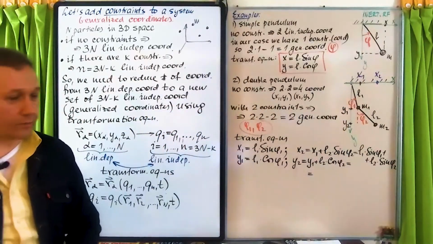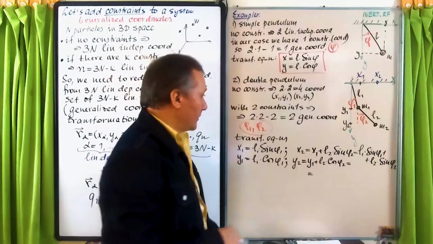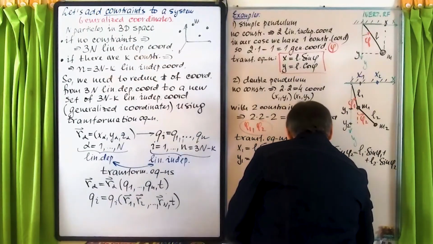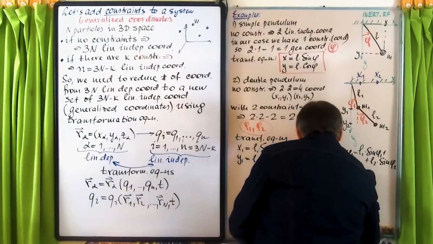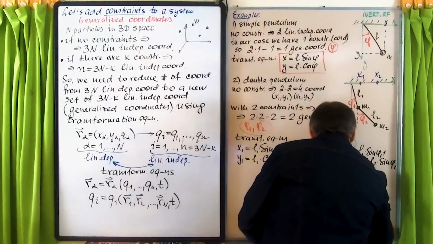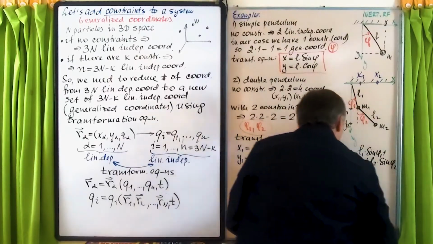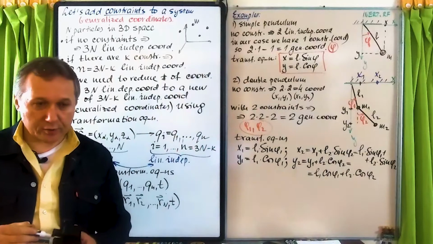And rewriting y1 from here, it will be L1 cosine phi 1 plus L2 cosine phi 2. Okay, so these are the transformation equations.